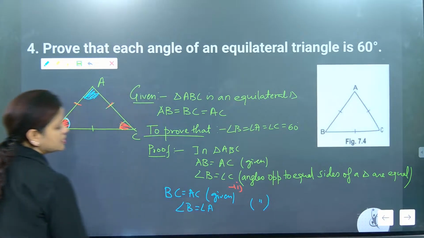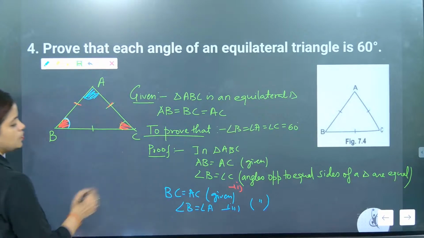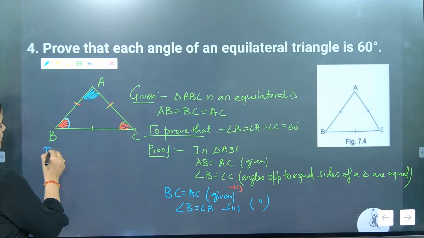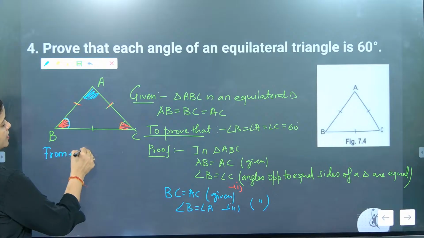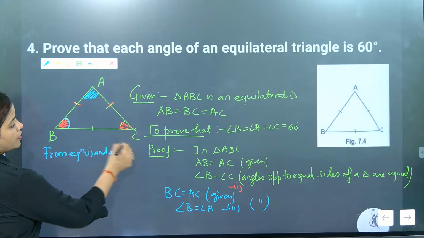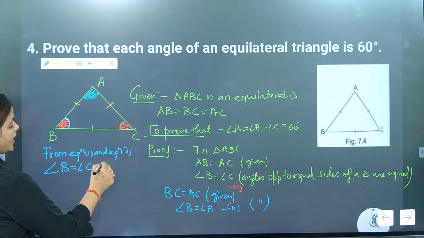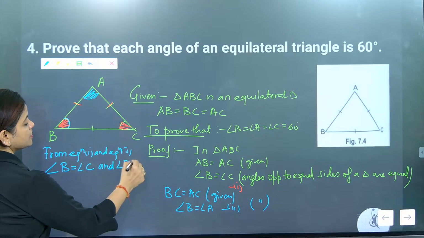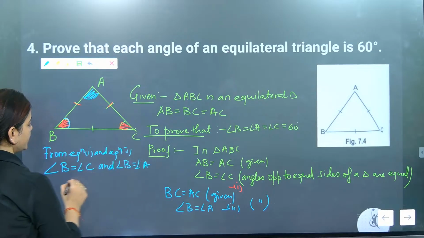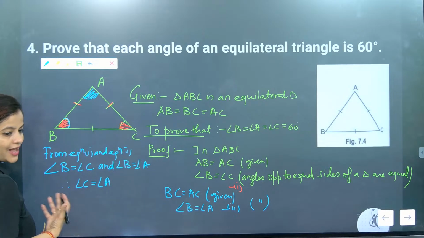Angles opposite to equal sides of a triangle are equal. Now from equation 1 and equation 2, what is common? Angle B is equal to angle C and angle B is equal to angle A. Therefore, angle C is equal to angle A. So all angles are equal.